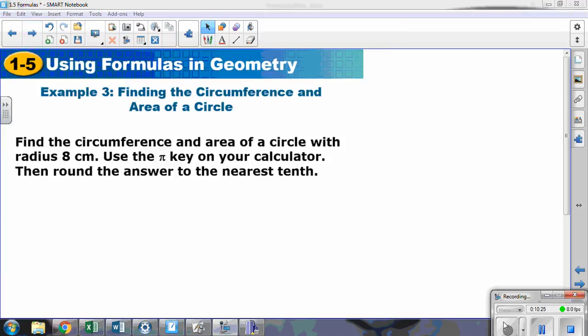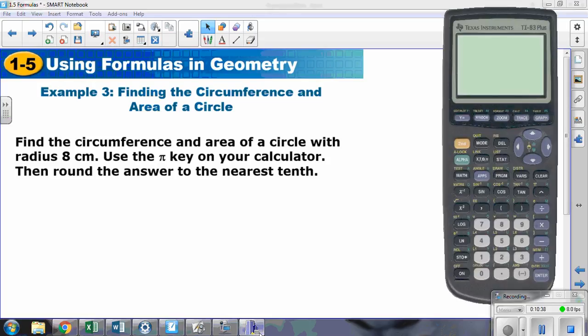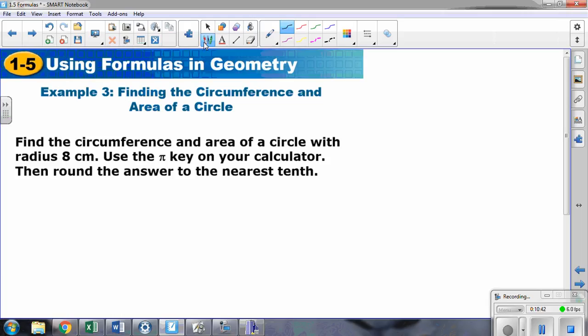All right, and then our last example. Find the circumference and area of a circle with radius 8 centimeters. Use the pi key on your calculator. Okay, so we'll make sure we have got our calculator handy. All right, so what's the circumference formula? 2 times pi times radius.